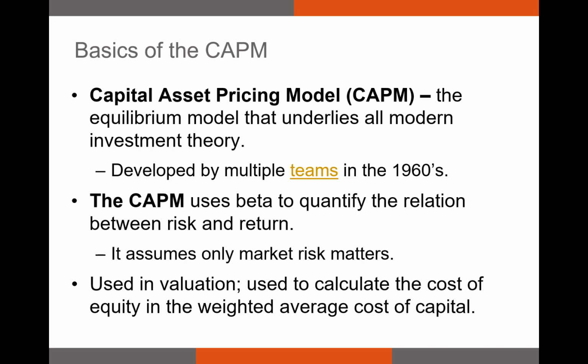So three financial economists, Bill Sharpe, Jack Treynor, and John Lintner, are typically considered the ones given the most credit for the model. They each worked on the project separately, and Bill Sharpe and Harry Markowitz received the Nobel Prize in Economics in 1990, in part for their contributions to the development of this model and portfolio management in general.